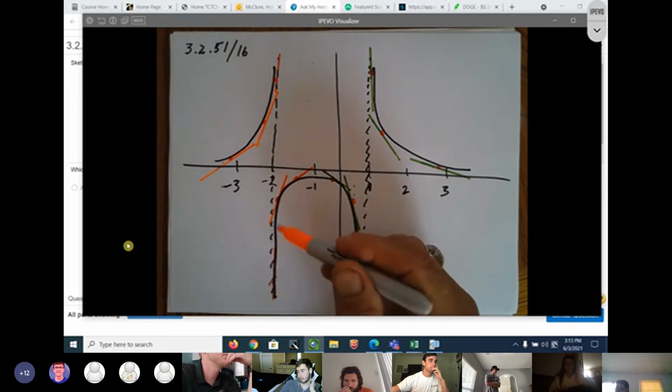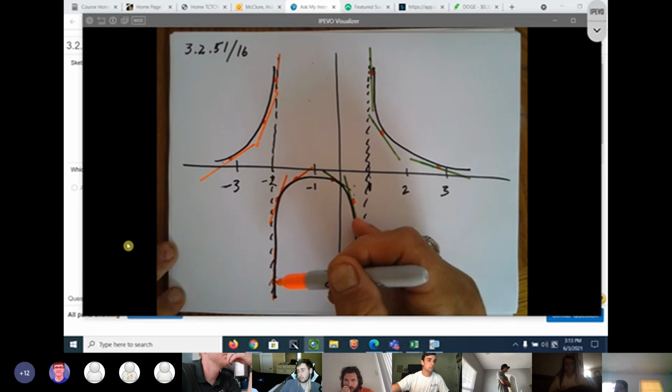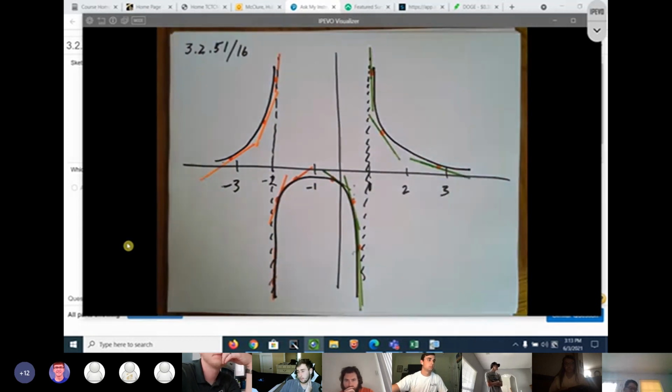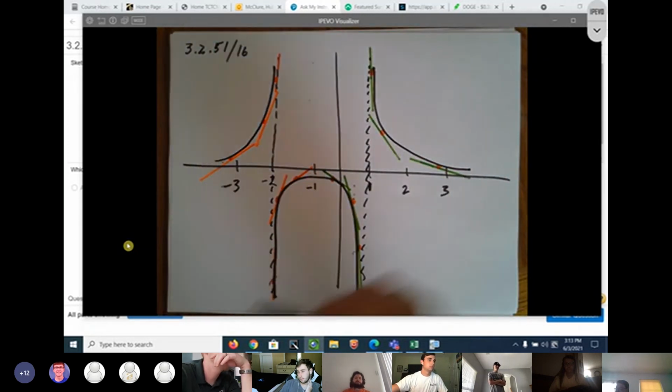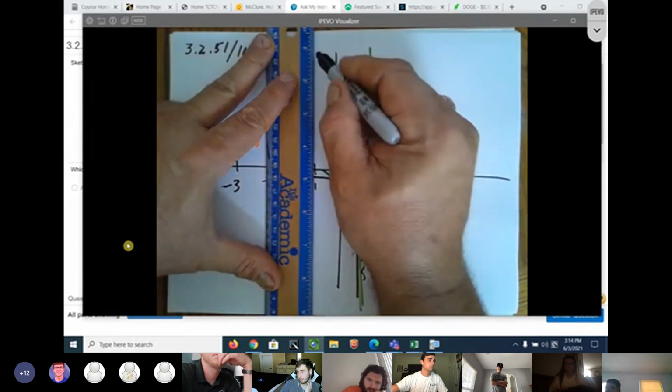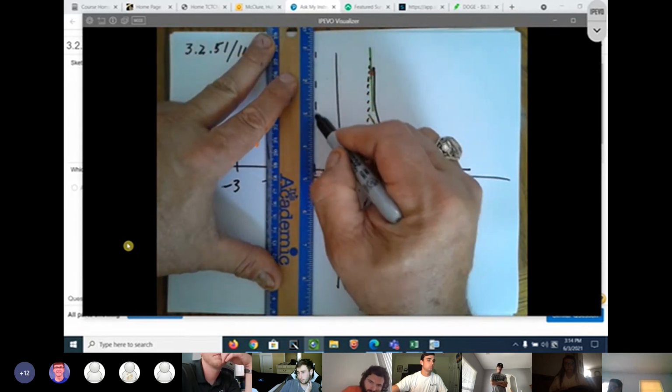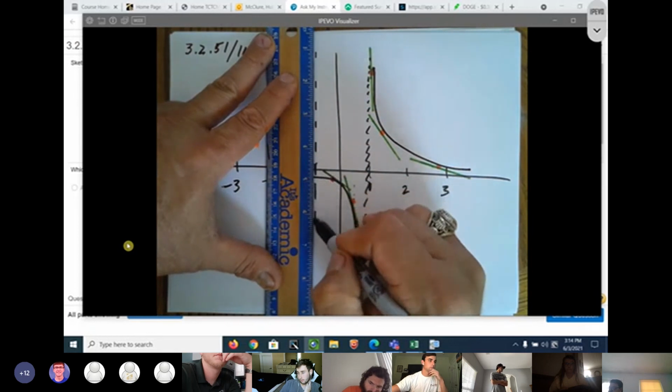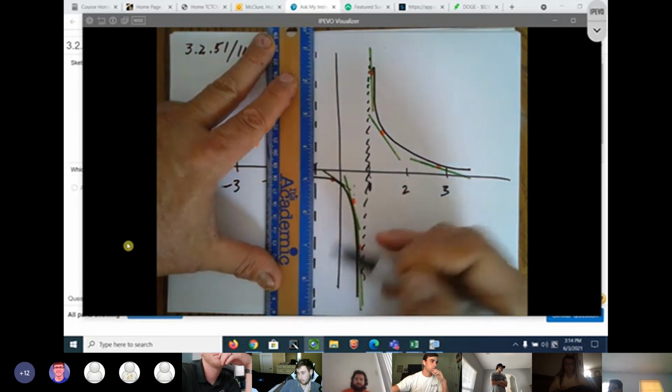So what's happening is the actual derivative, let's draw a line right here. Somebody tell me what this line represents. It represents the vertex. Now, I don't know where the vertex is, and I don't really know if they want you to know or not.